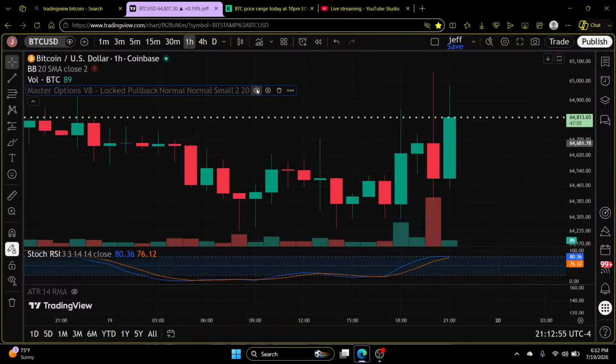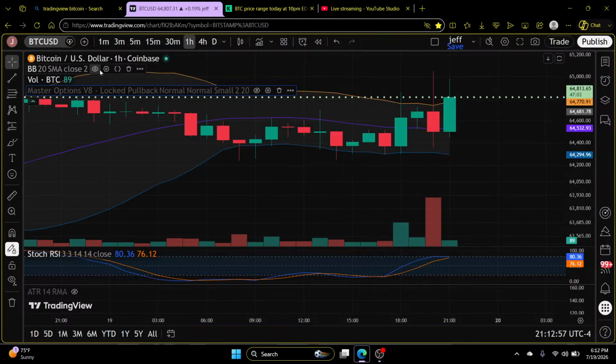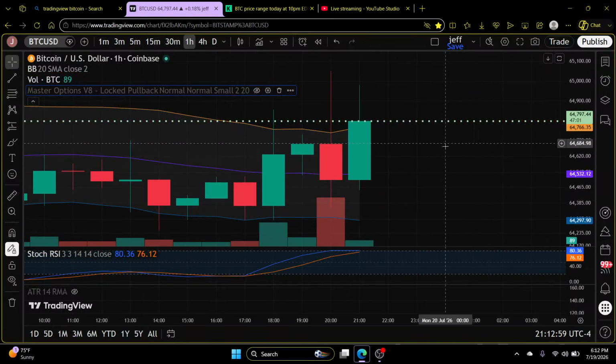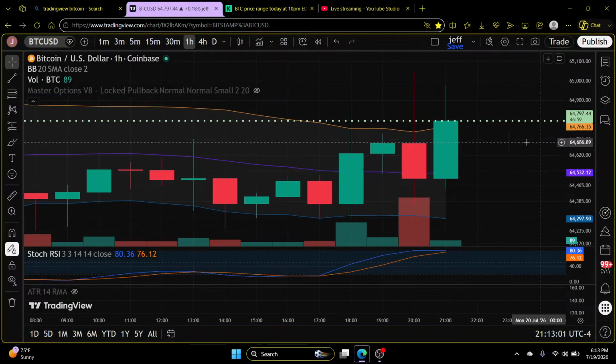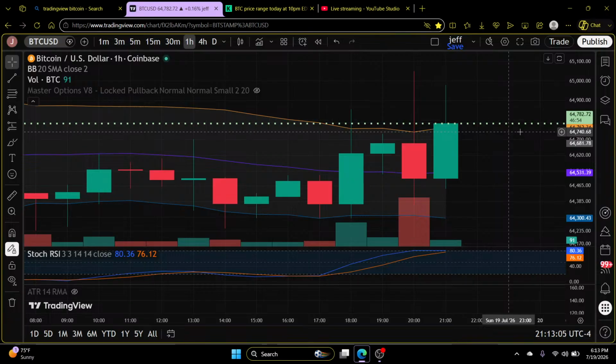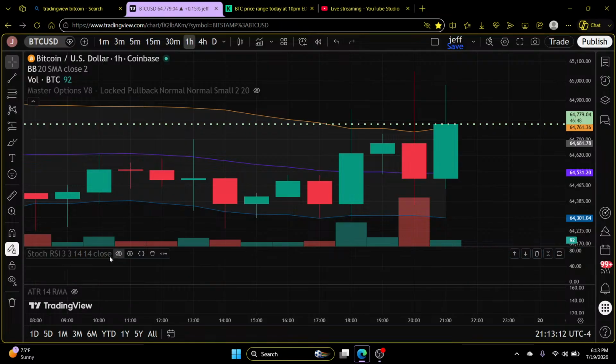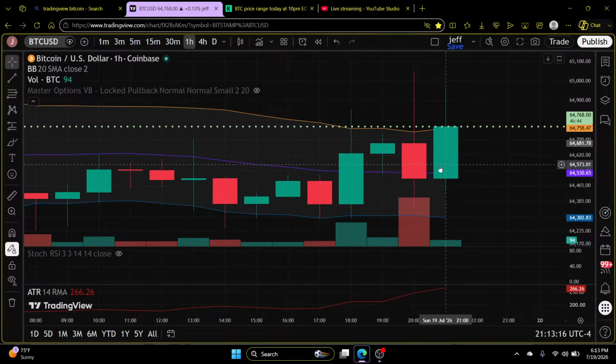Hold on, just give me a second. I'm trying to think, trying to give you guys a good number on it, like what I would literally bet if I had the money. Oh yeah, and let's look at the ATR for an hour. You know how much it moves. So it's been moving about $266 an hour.